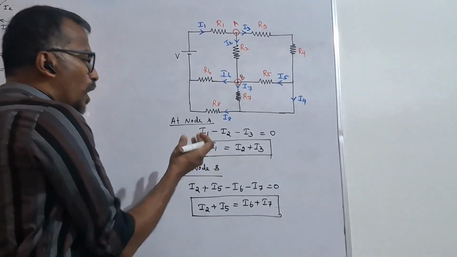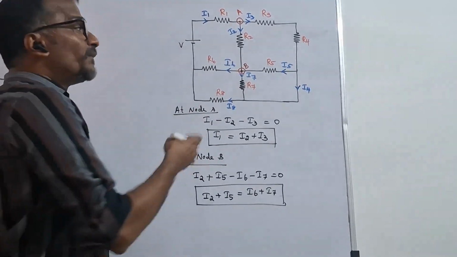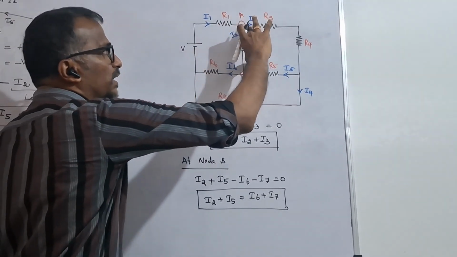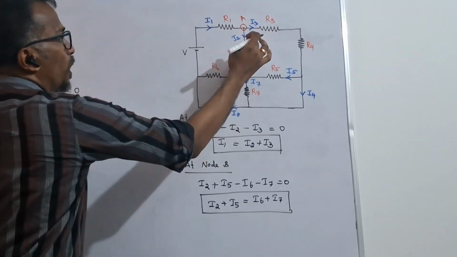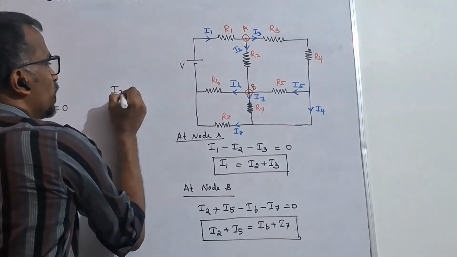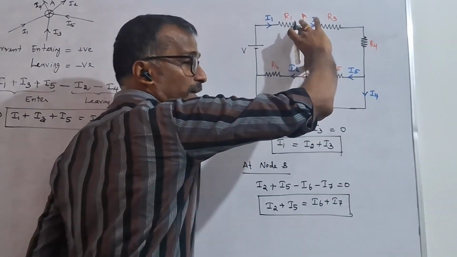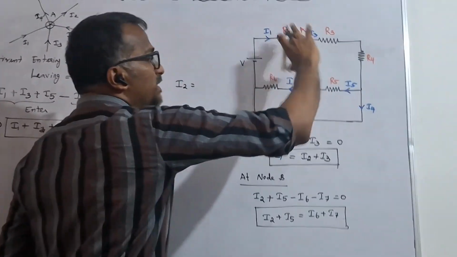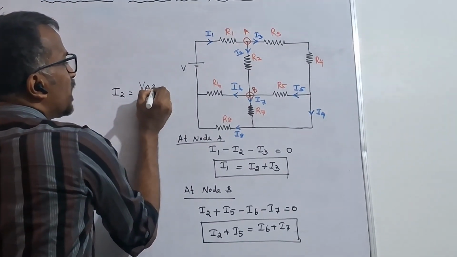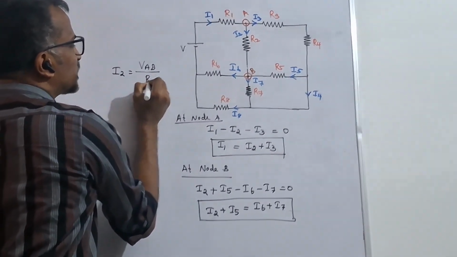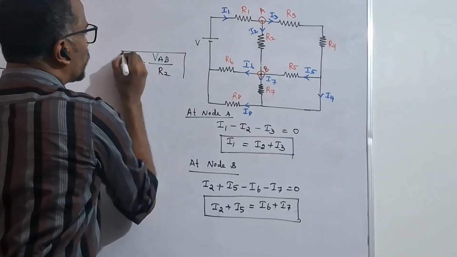Now if you want to know the current, we can find out the voltage across it. For example, if you want to know the current I2, if you already know the voltage across this branch, which is VAB, divided by this resistance R2, we can find out the value.